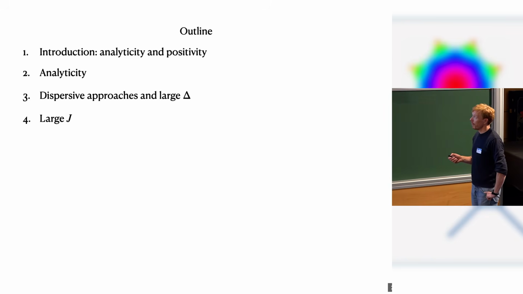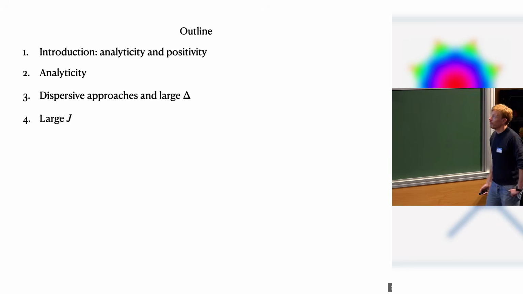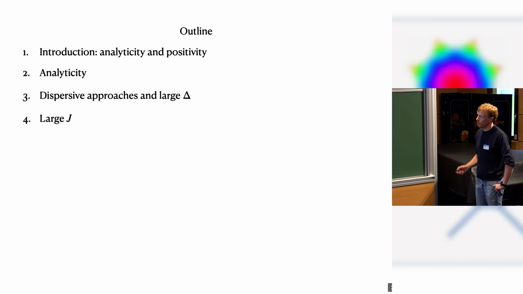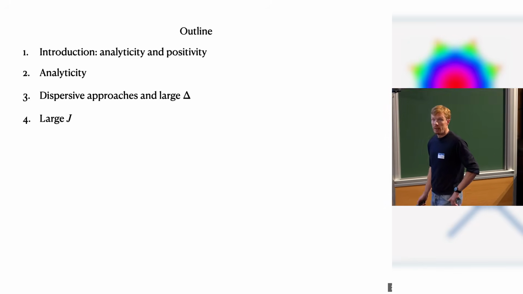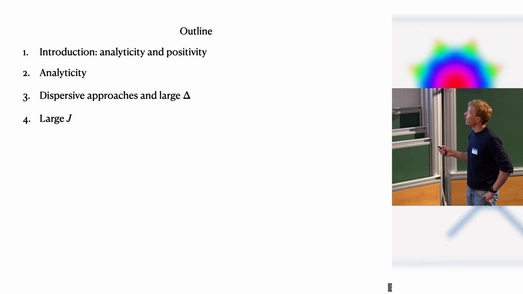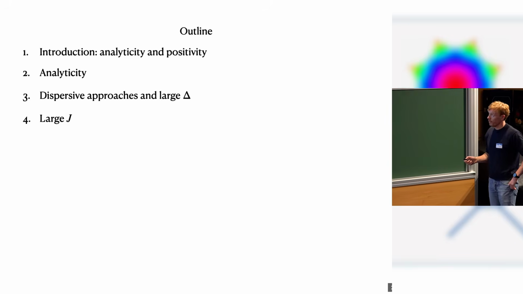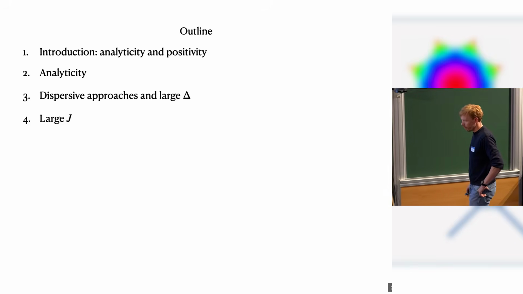So I wanted to talk a little bit about analyticity in the second part of the talk, and then we'll talk about dispersive approaches, which of course also has to do with analyticity, and the large delta limit, which is the large delta phi limit actually. I'll explain what I mean with that. And then I'll talk about large spin, and we'll go back to this example in the introduction that I just discussed.